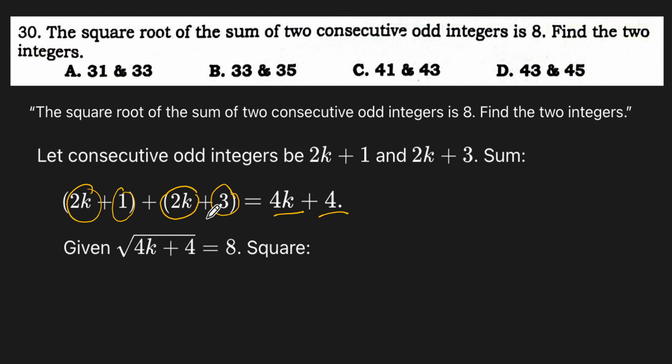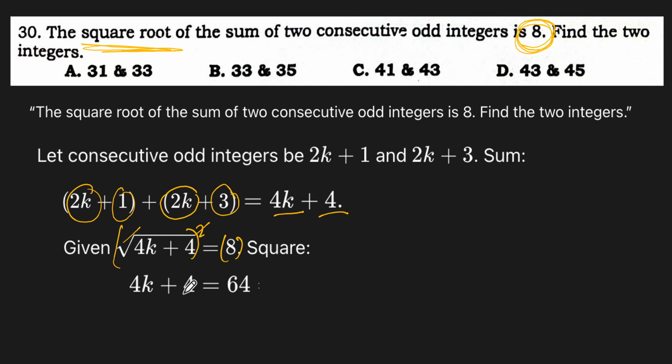And then again, we have to write the square root here: the square root of 4k plus 4 equals 8. Why? Because the square root of the sum is equal to 8. We square both sides to finally cancel the square root.